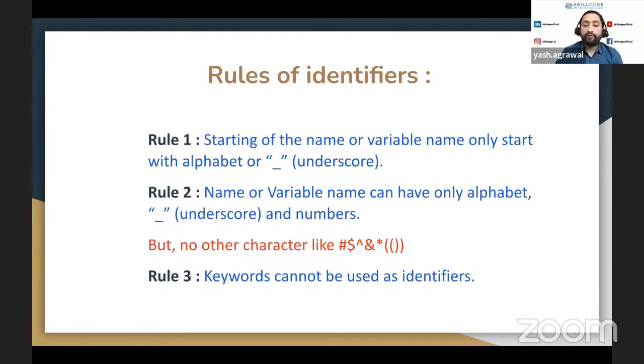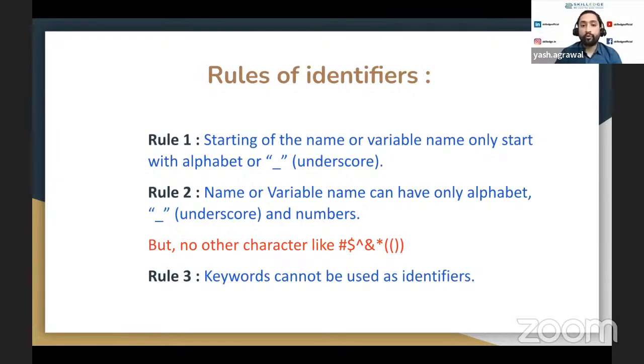Apart from that, if you want to have any other special character or number at the starting, the first character can only be an underscore or an alphabet. If you want to add any other number or any other special character at the first place, it will give you an error. That is not acceptable in Python.